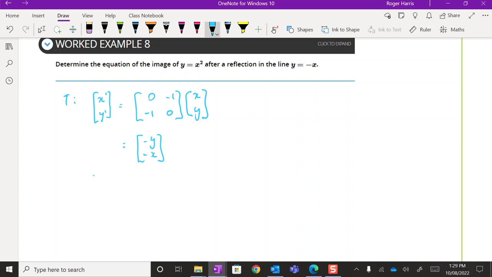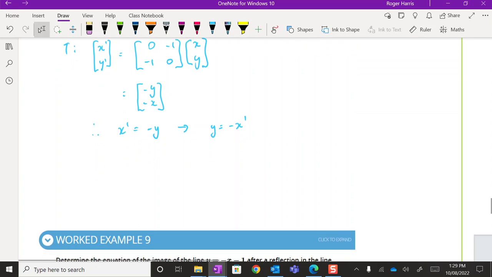Therefore, x dash is mirrored into -y, so y is equal to -x dash. And y dash is mirrored by -x, which means x is equal to -y dash. Now I'm going to substitute those into my original equation. My original equation is y equals x squared. For my y, I'm going to have -x dash.